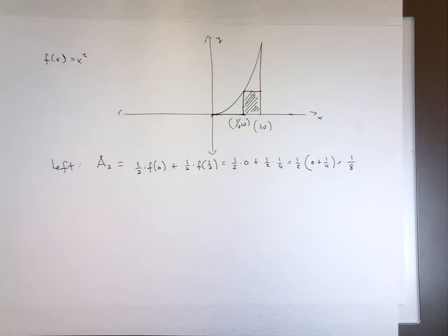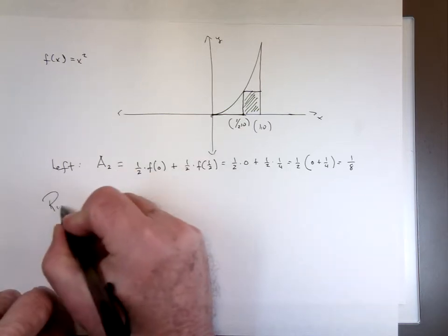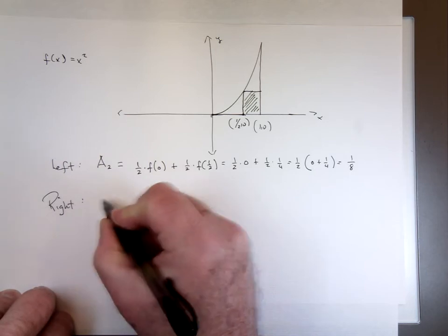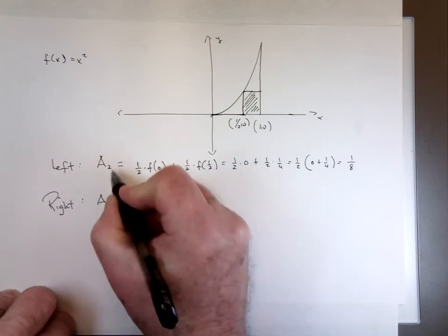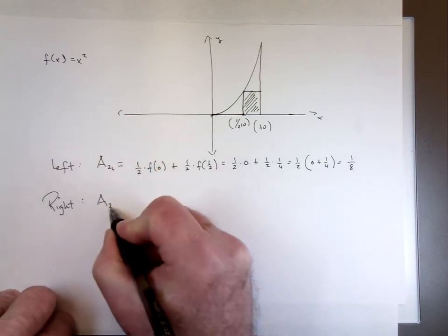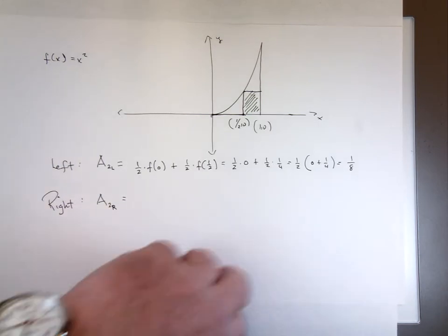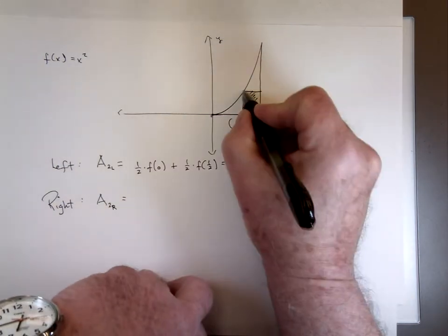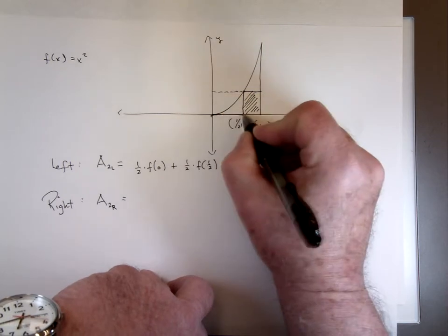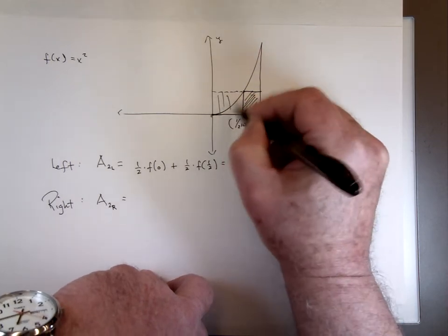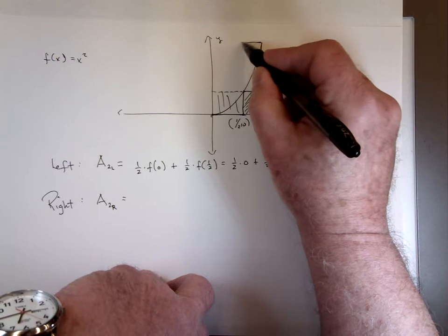Let's take the right endpoints. I should put 2L here. I'm going to put 2R here. The right is going to be this one plus this one.